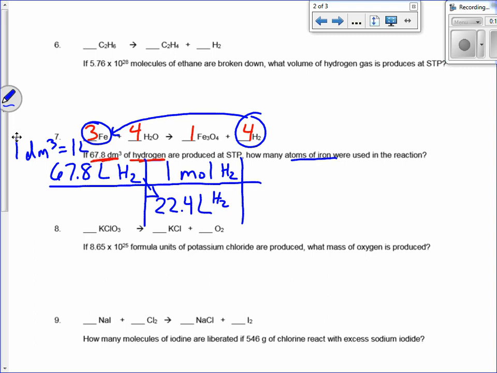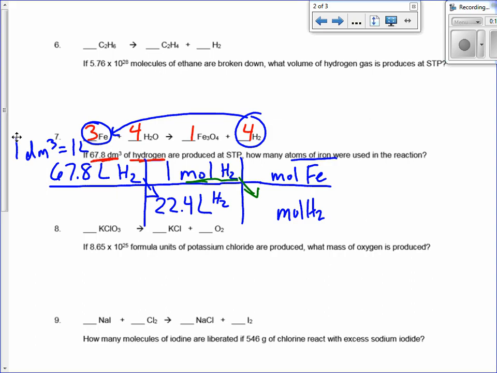What can I do once I'm at the mole? Mole ratio and switch to the new substance. So, I have moles of hydrogen up here. So that means I have to diagonal down those moles of hydrogen, put them on the bottom for canceling, and I want my moles of iron on the top.